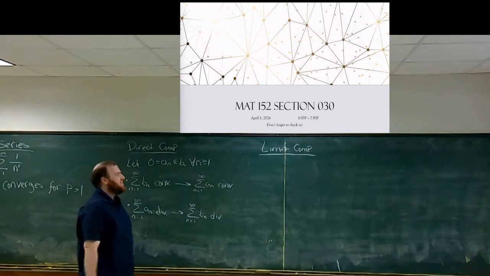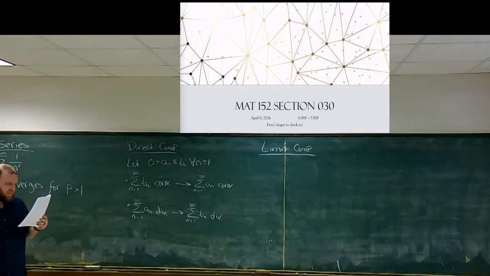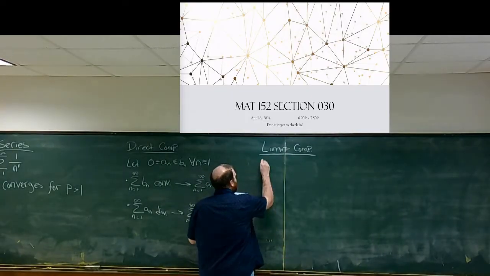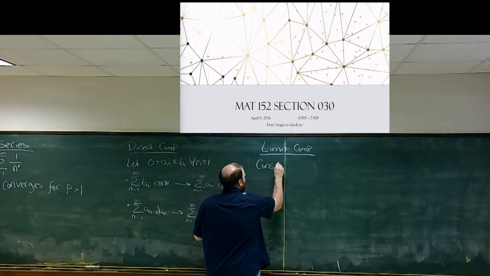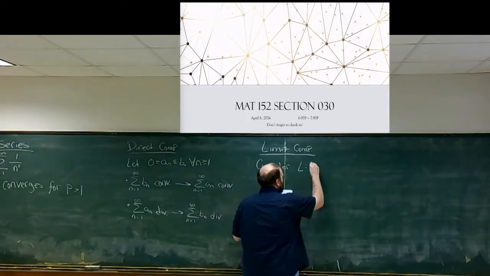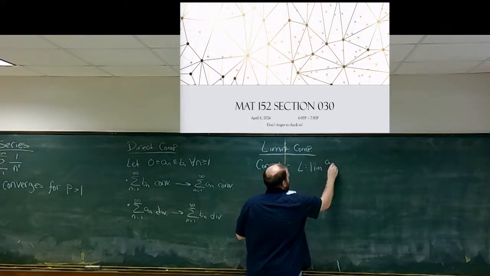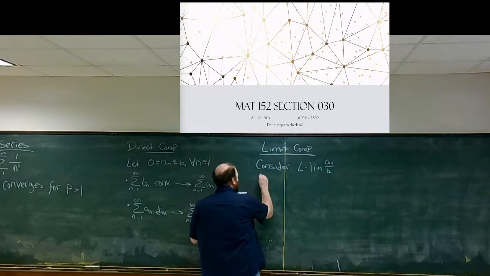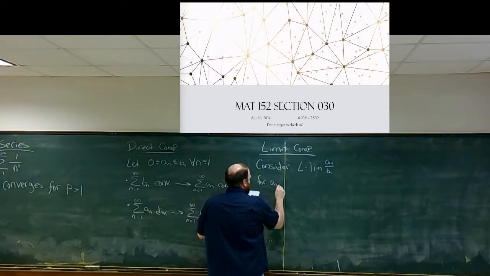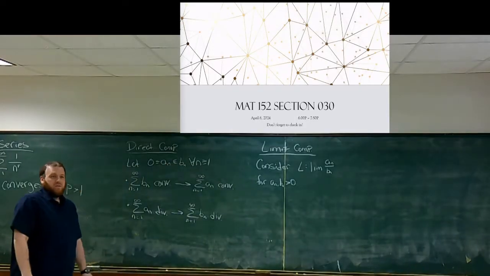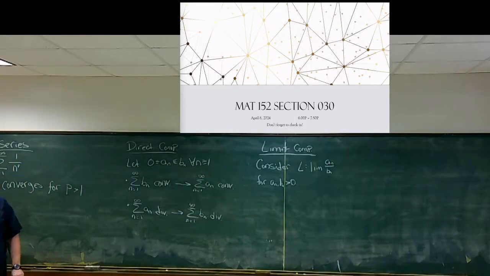Limit comparison. We look at the limit of a sub n over b sub n. Again, a sub n, b sub n have to be positive.